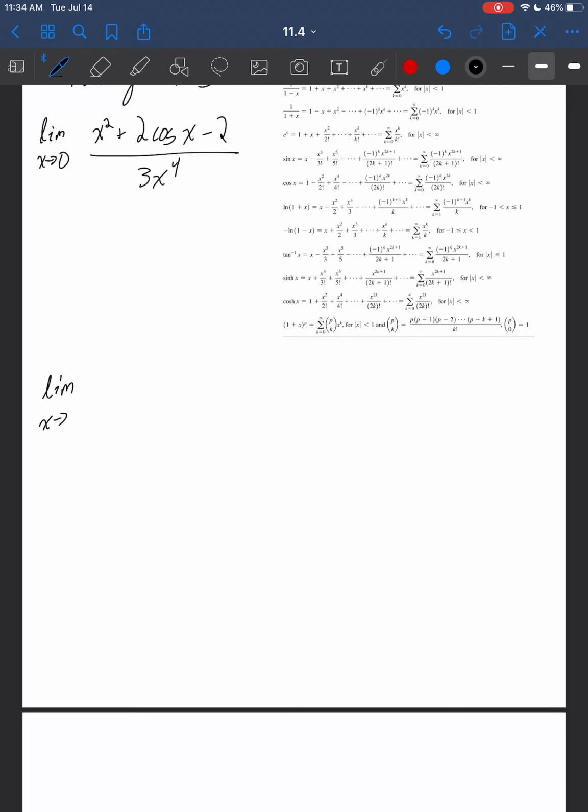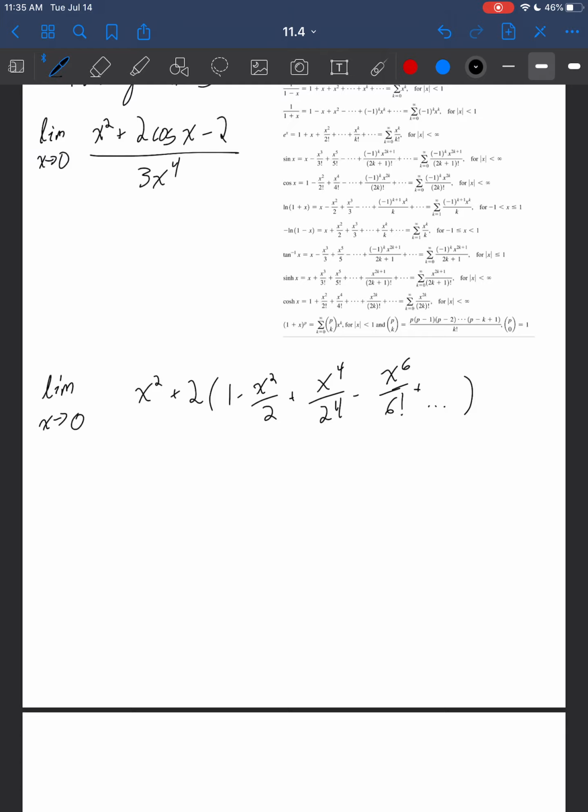Limit as x goes to 0 of x squared, and let's just replace this cosine of x with its Taylor series. So 2, and if we come up here, we can see that cosine of x is 1 minus x squared over 2 factorial, which is 2, plus x to the 4th over 4 factorial. 4 times 3 is 12, 24, minus x to the 6th over 6 factorial, and so on and so forth.